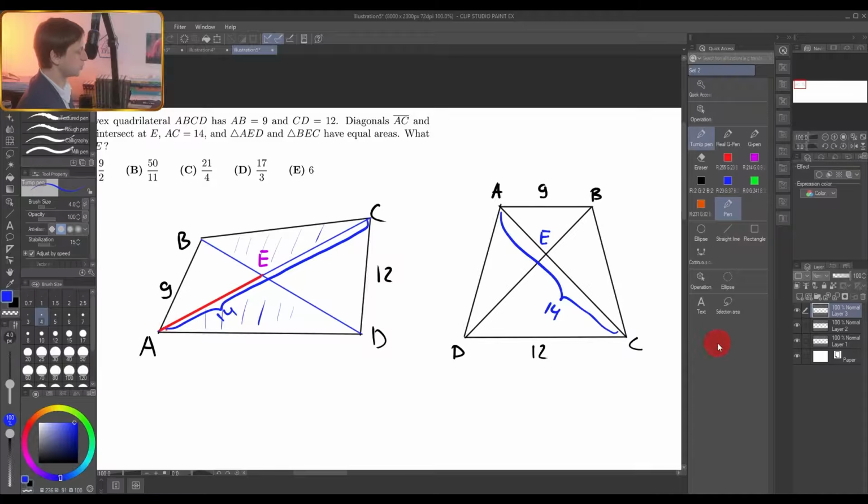Well, now the situation is absolutely obvious. This one is parallel to this one, and therefore these triangles AEB and DEC are similar because these two lines are parallel.